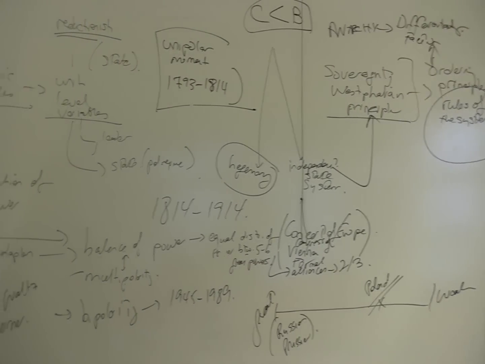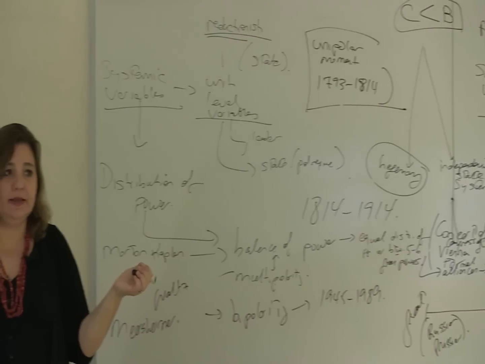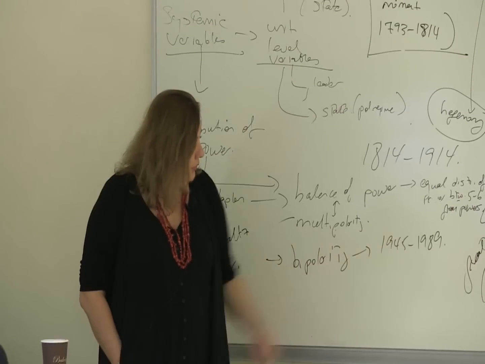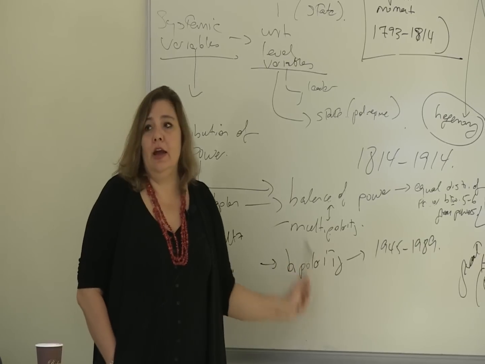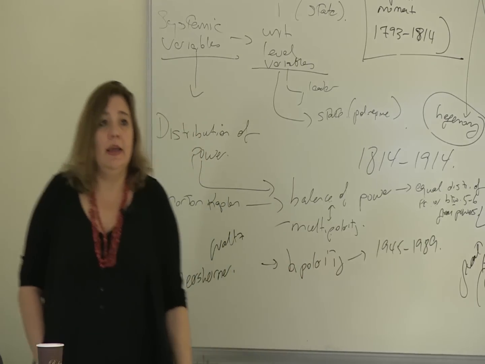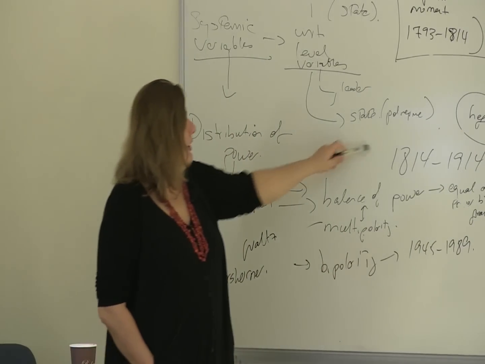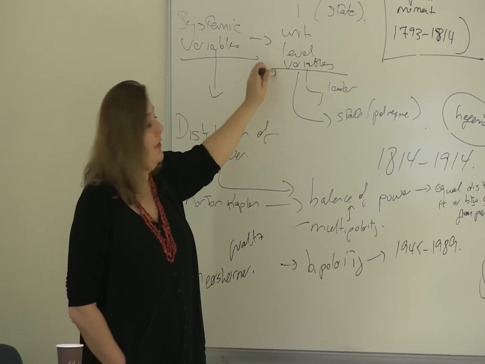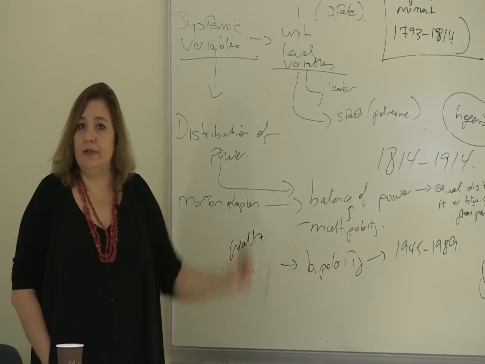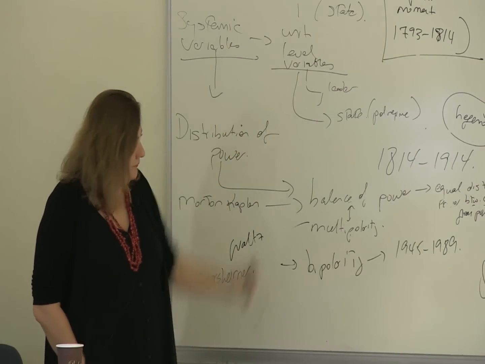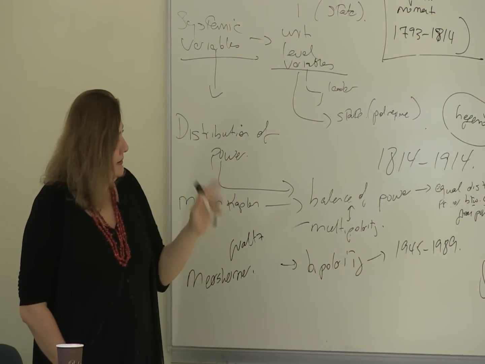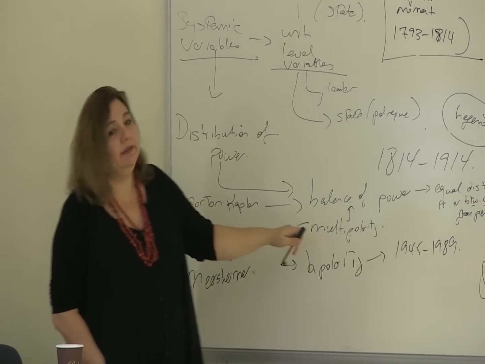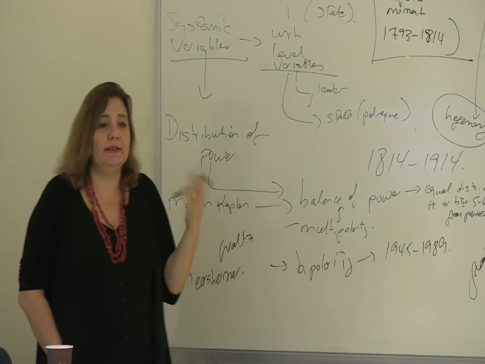So you want to understand Poland, 19th century, you have to look at balance of power. You want to understand Poland, 20th century, you have to look at bipolarity, okay? And that almost totally eliminates, depending on where you look at it, the importance of unit-level variables in shaping foreign policy. Okay, so Kaplan's balance of power and Waltz's and Mearsheimer's multipolarity is more or less the same thing.